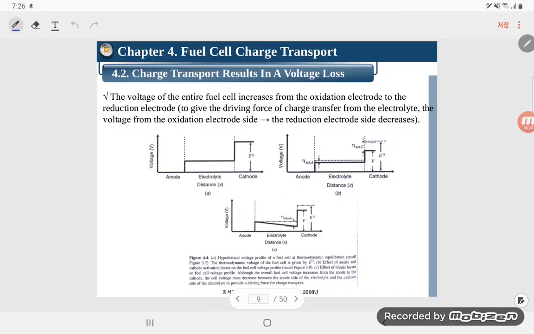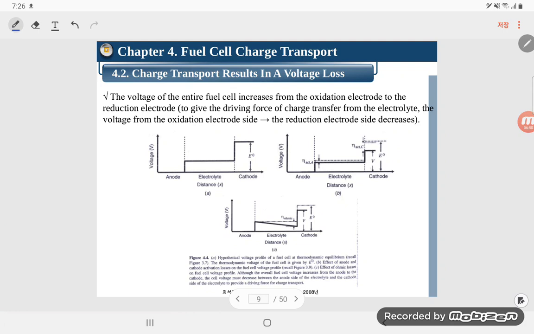In chapter 3, we talked about this figure, eta act, which is the activation overpotential, and now we are talking about Ohm's law, which is the linearly decreasing voltage, right? The voltage of the entire fuel cell increases from the oxidation electrode to the reduction electrode, which is the cathode, to give the driving force of charge transfer through the electrolyte.